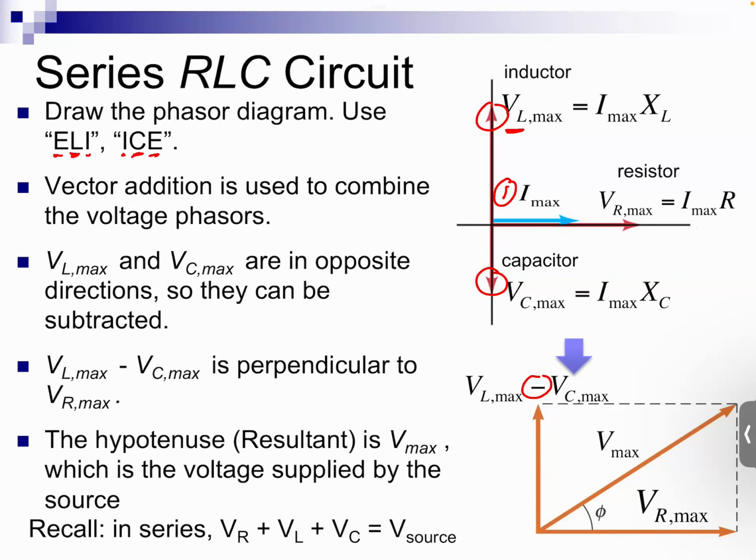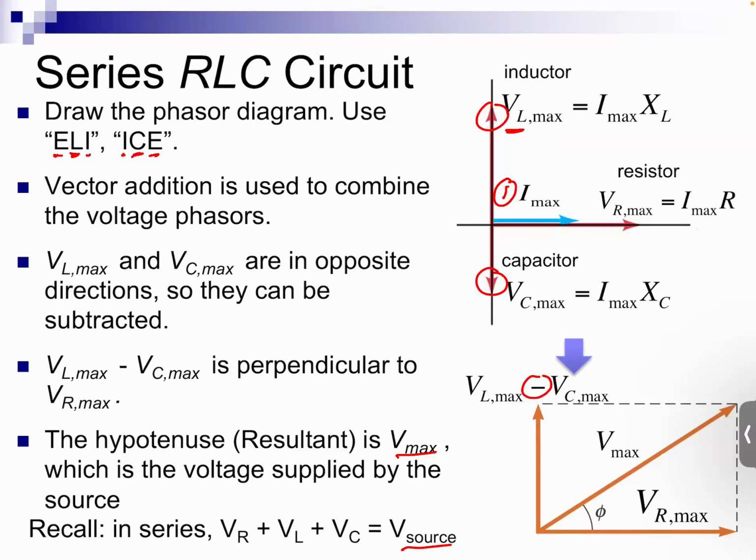The sum of that voltage is therefore the hypotenuse of the right-angled triangle. Hence, we are able to find the maximum voltage, which is also the voltage provided by the AC source. So the maximum voltage is the hypotenuse of this right-angled triangle, which we can calculate as the vector VR plus the vector VL minus VC.